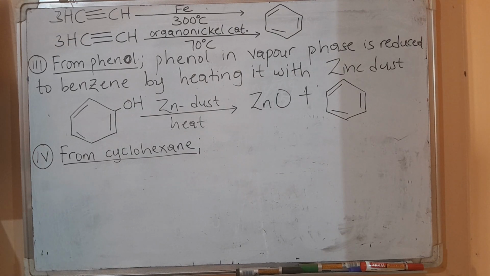So the first three techniques, decarboxylation, polymerization of ethane, and also reduction of phenol, those are the common ways. However, these last two can also be explored, that is from cyclohexane and also from benzene sulfonic acid. The fourth one is from cyclohexane.